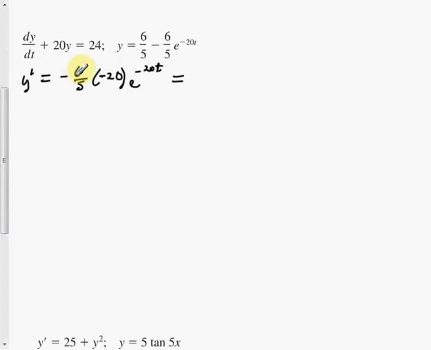So we simplify that, the negatives go out, and so we have 20 divided by 5 is 4. So here we get 24 times e to the negative 20t. So obviously y prime is the same as dy over dx, not dt.